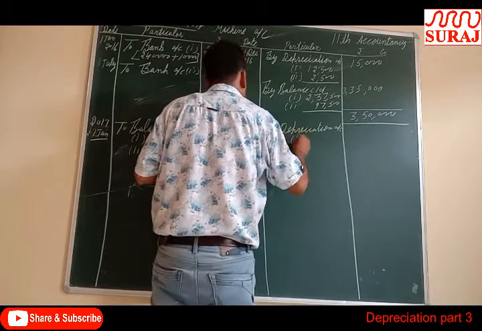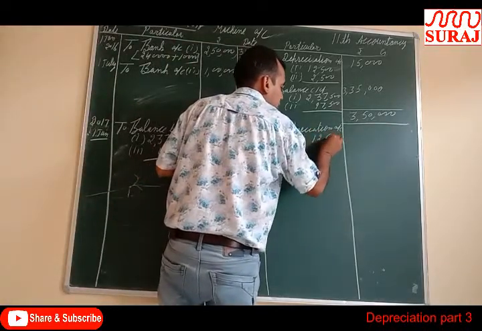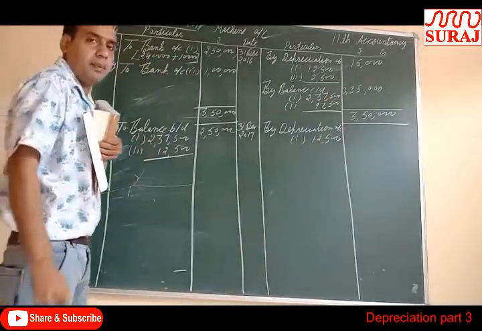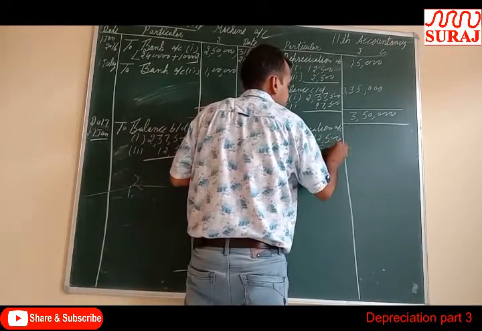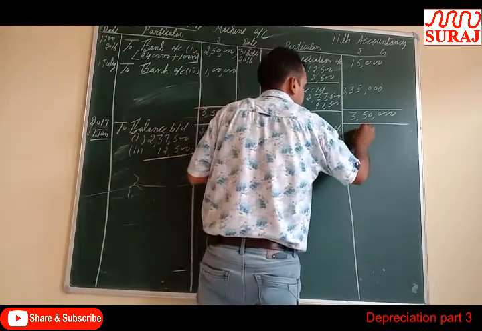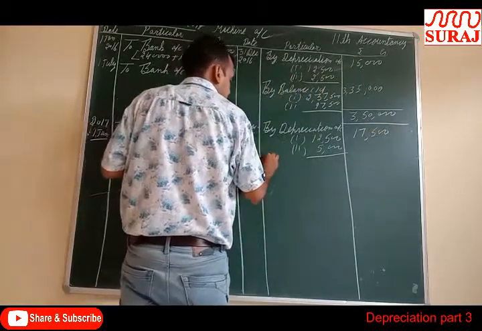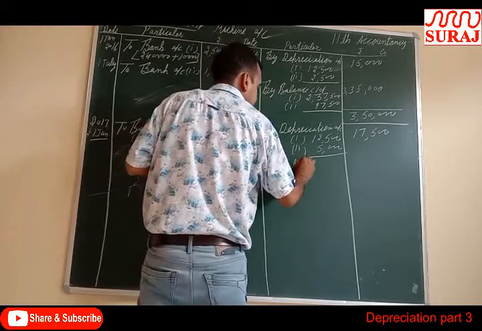First machine, complete year depreciation 12,500 because it is used for a complete year, and the second machine also for a complete year, with depreciation 5,000. Total 17,500. Calculate closing balance.